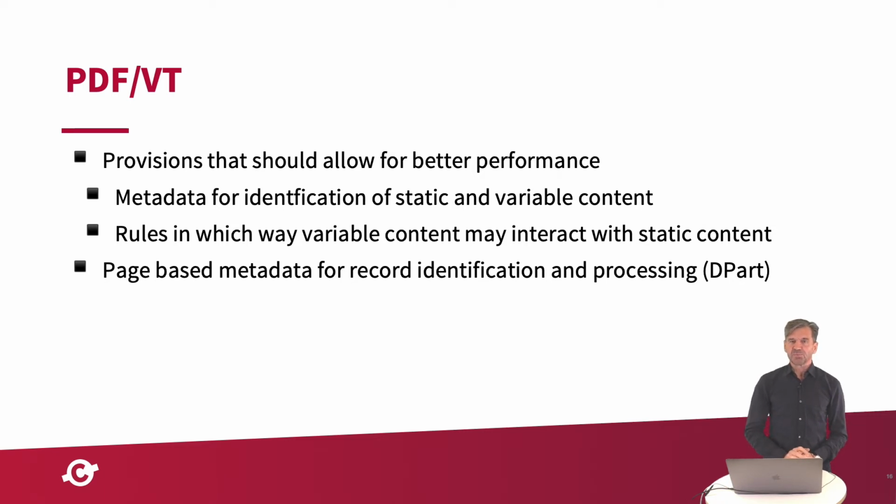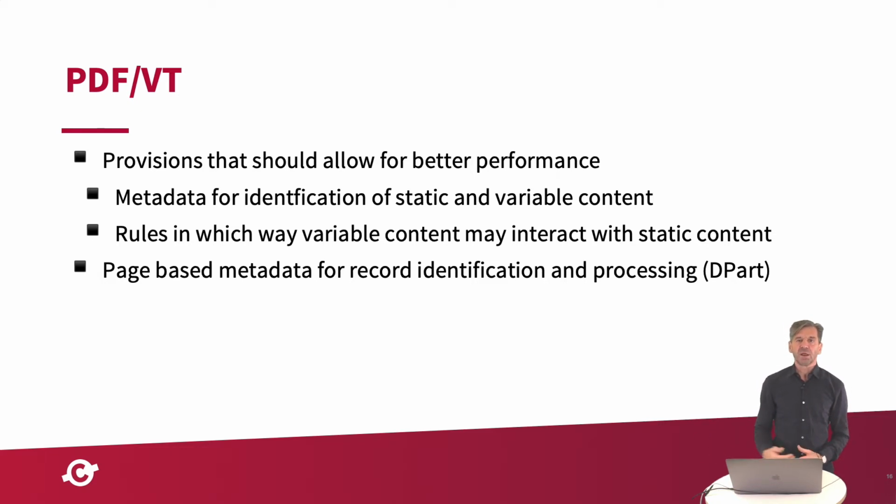Many provisions in PDF/VT are designed to allow a DFE, a RIP, a processor of the file, to do better caching. So there are rules, metadata associated with objects that allow for specifying whether content on a page is static, meaning it shows up on more than just one page, or whether it's variable and changes over pages.